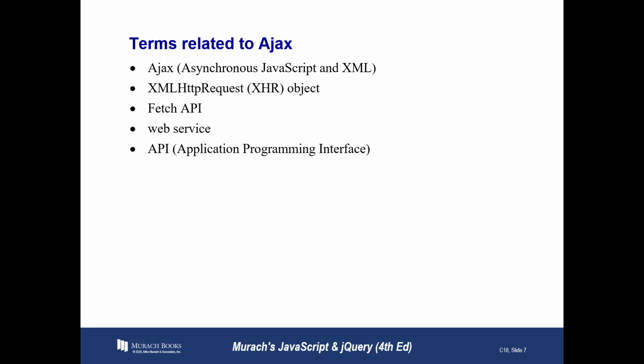So terms related to AJAX. I mentioned before that AJAX has always been known as an acronym for asynchronous JavaScript and XML, and it still is. But that said, much of the work that's done today, probably more, is done using JSON, JavaScript object notation, as opposed to XML, the extensible markup language.